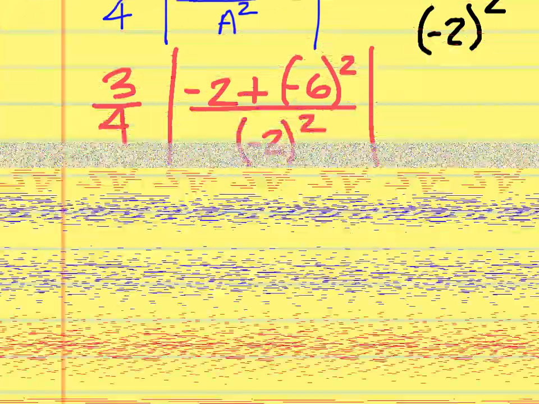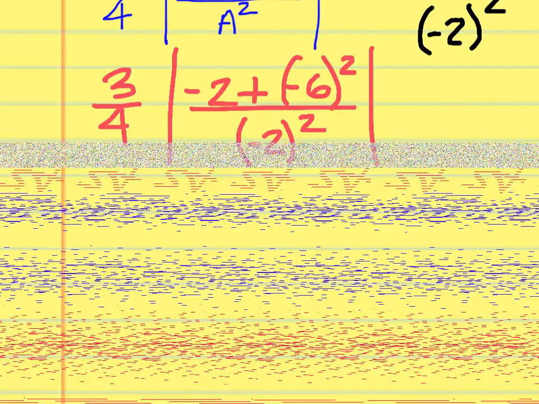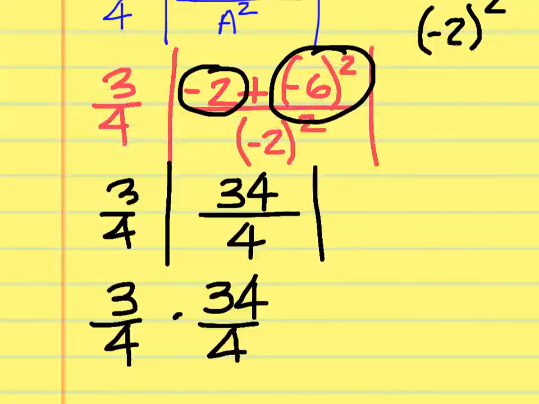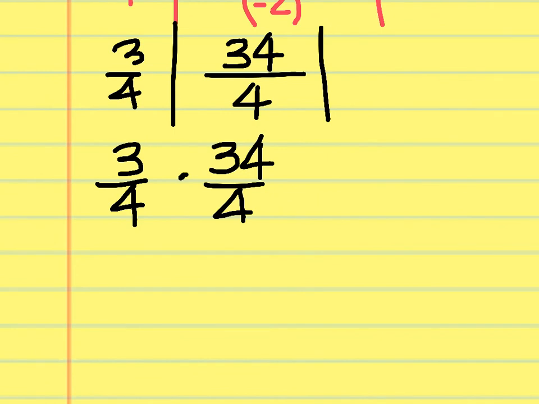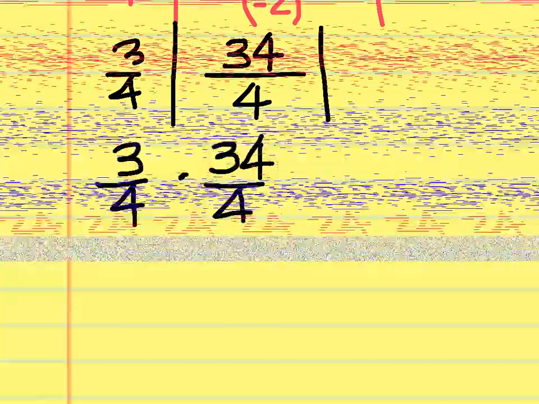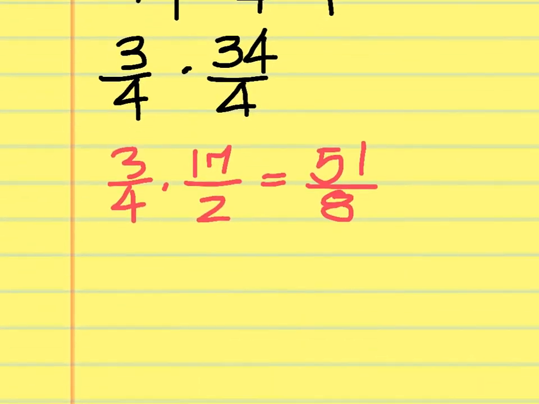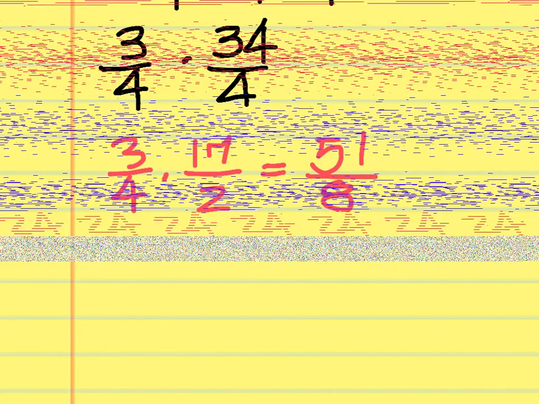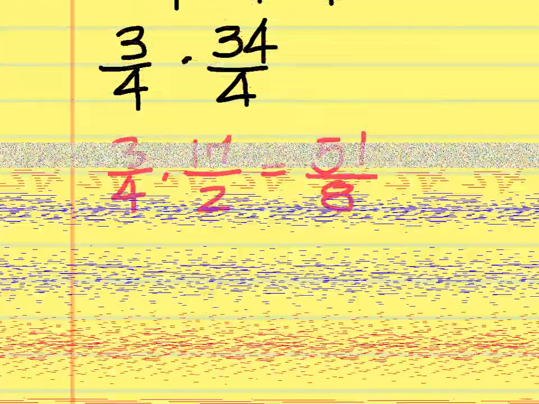So the absolute value of 34 over 4 is simply 34 over 4. You can reduce this 3 over 4 times 17 over 2 to get 51 over 8, or something else that would be equivalent. For example, 8 into 51 6 times with 3 left over.